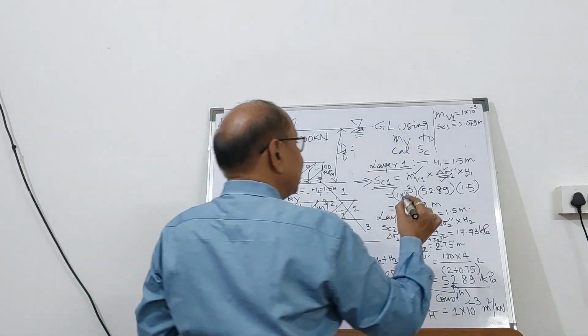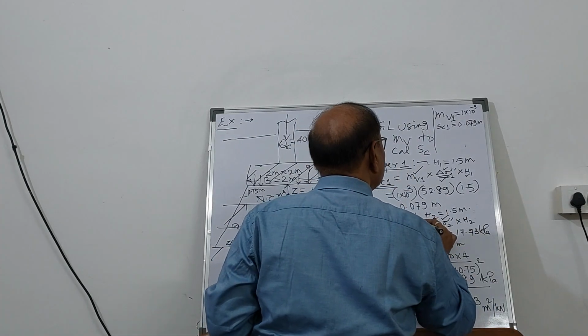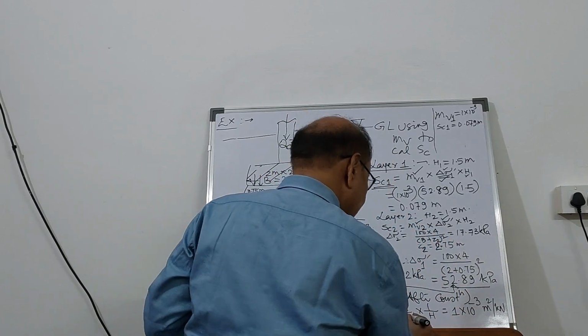So delta sigma 2 prime is known now. MV2 is known from the one-dimensional consolidation test.